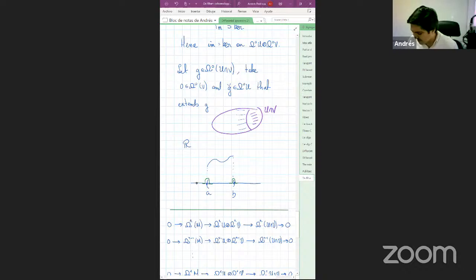If you have a bump function here, do you know how to extend the function? Assume that you have a bump function, the one that I draw.